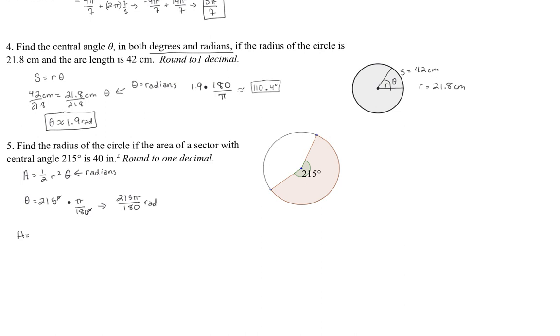So that's our angle in radians, right? And we know our area is 40 inches squared. So we have 40 inches squared equals 1/2 r squared times theta, which is 215 pi over 180, and we're trying to find the radius. If we move everything over, r ends up being the square root of 40 times 2, all divided by 215 over 180 pi.